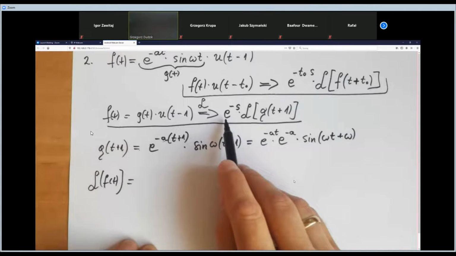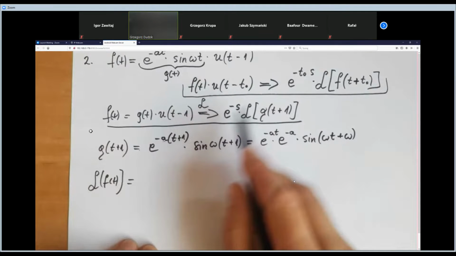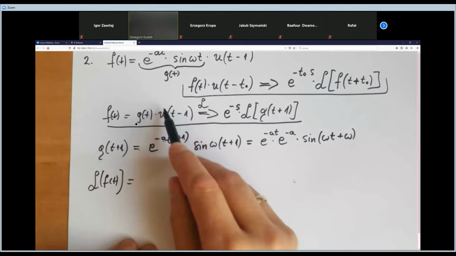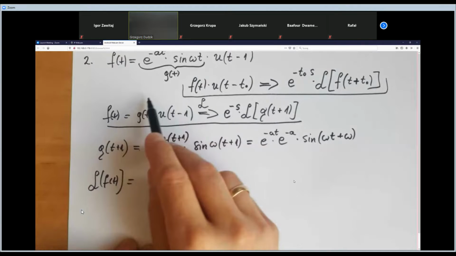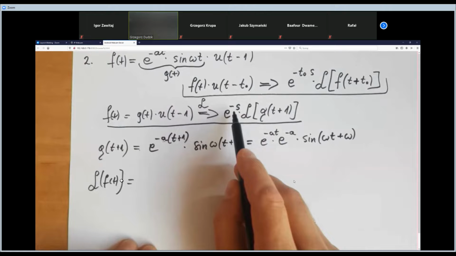As you see, according to the general expression, the Laplace transform of this function is equal to e to the power minus s. Yeah, that's right.